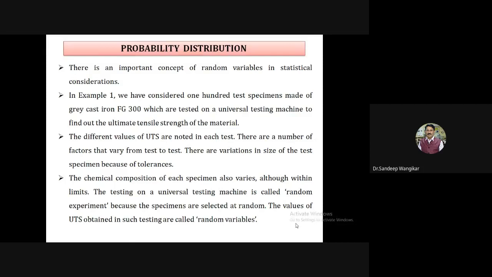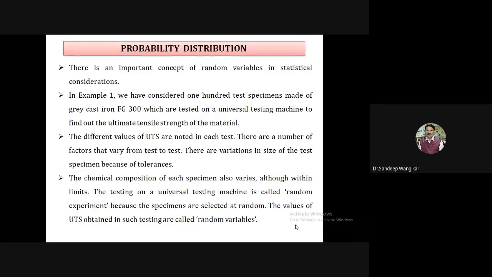In this case, 49.5 to 50.5, whatever is there, is accepted. So one of the specimens may be, for example, 49.6 accepted, 50.45 accepted, 50.5 exactly on the tolerance boundary accepted. So these are the variations in the test specimen because of the tolerances provided.